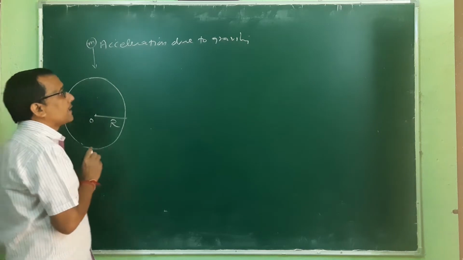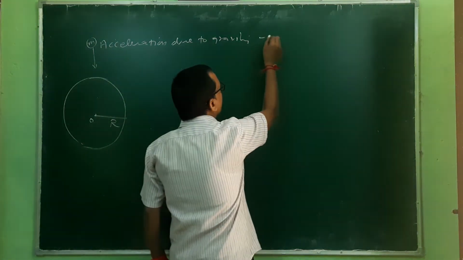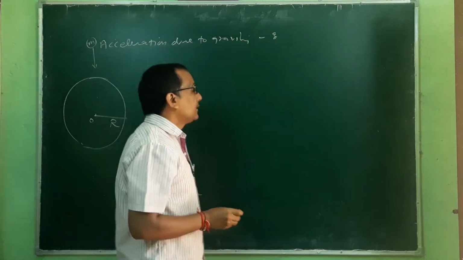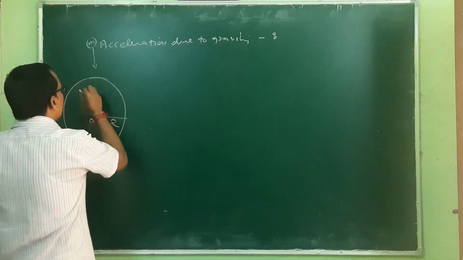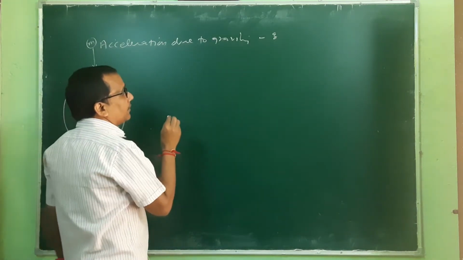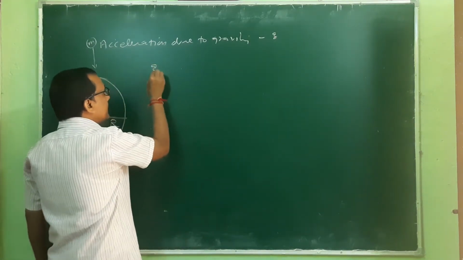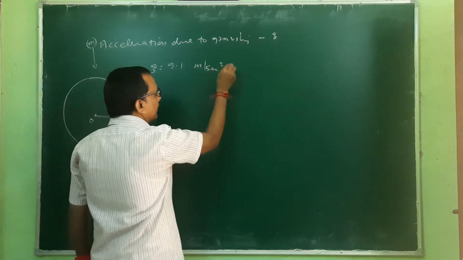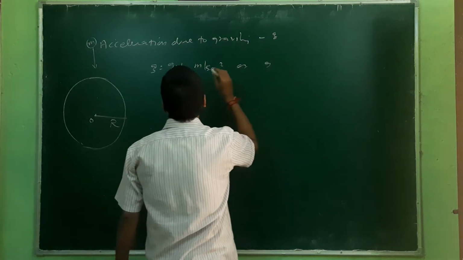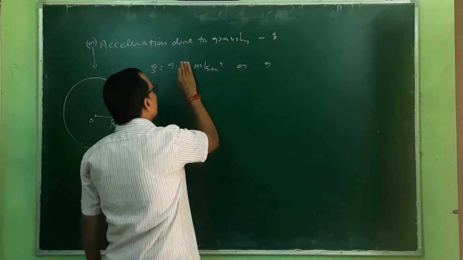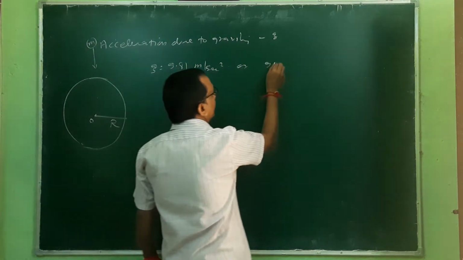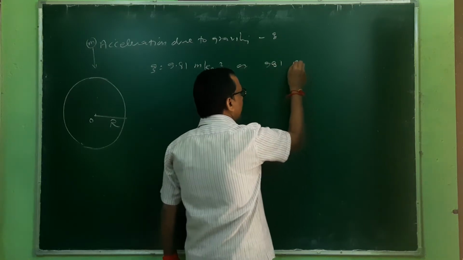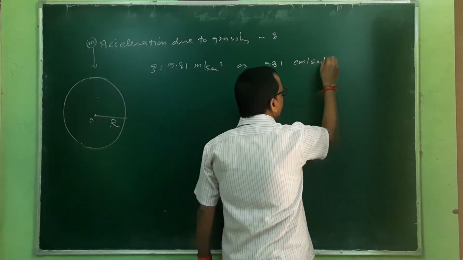So this is known as acceleration due to gravity, which is represented by small g, and the value of this g is equivalent to 9.81 meter per second square, or 981 centimeter per second square.